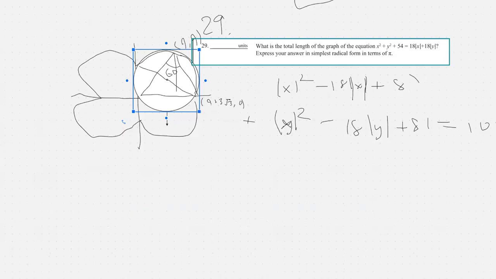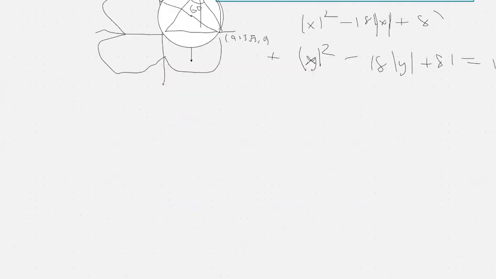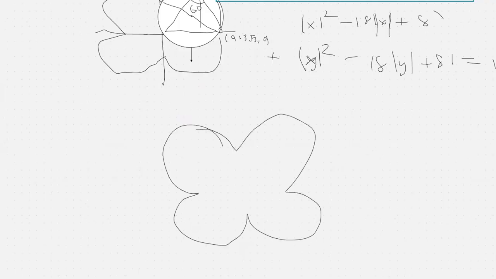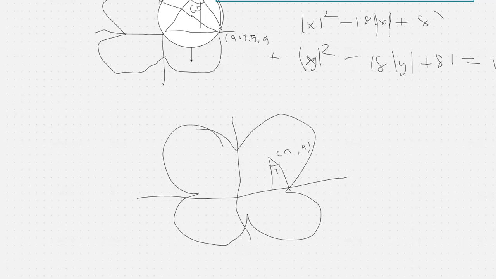Oh, and you have the center here at 9, 9, and this is 30 degrees, also 30 degrees, and this is the right angle. So then you can find this angle, which is going to be 210 degrees. And then because you know the radius is 6 root 3, right?